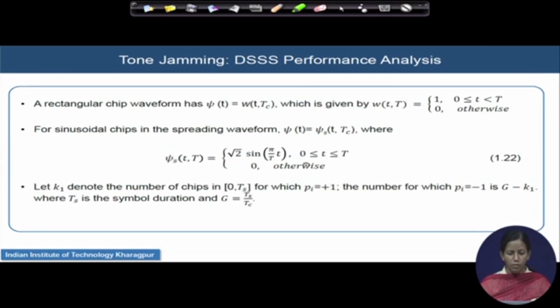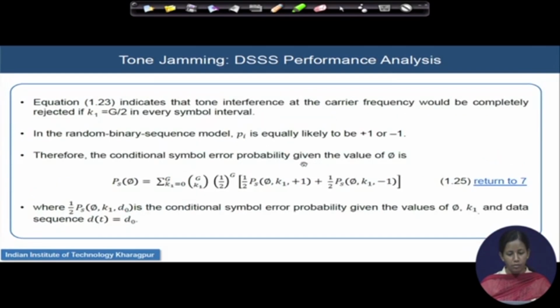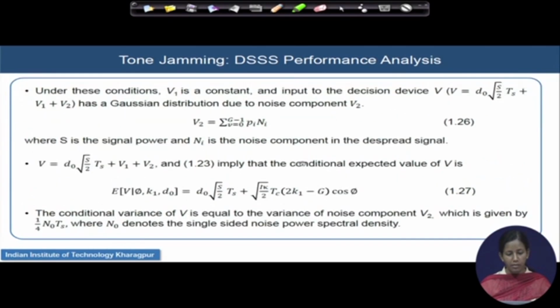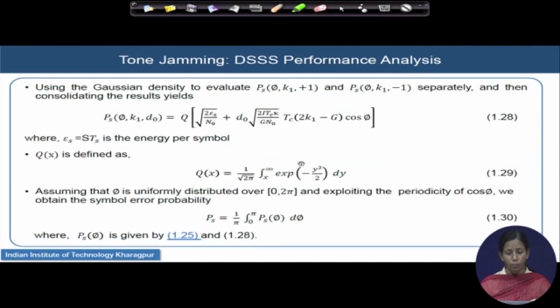For the sake of this mathematical analysis, and which is quite often true also, the consideration is that phi is a random variable uniformly distributed over a period of 0 to 2 pi.